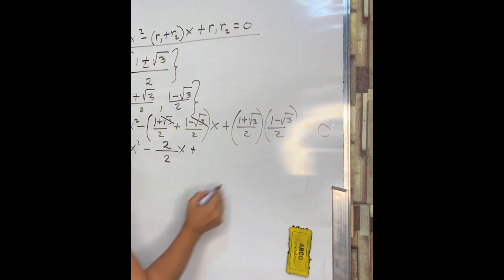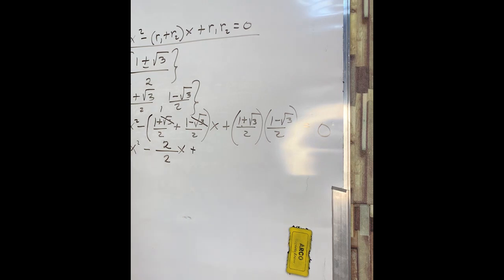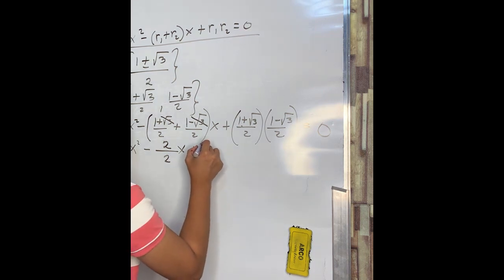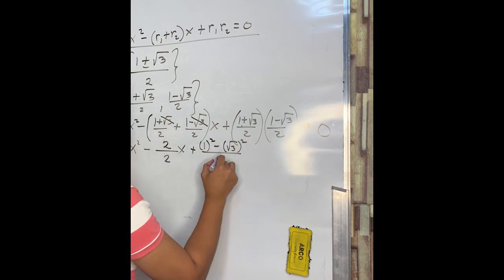Continue. We have the numerator is just the product of the sum and difference of two terms. So we will have 1 squared minus square root of 3 squared all over 2.